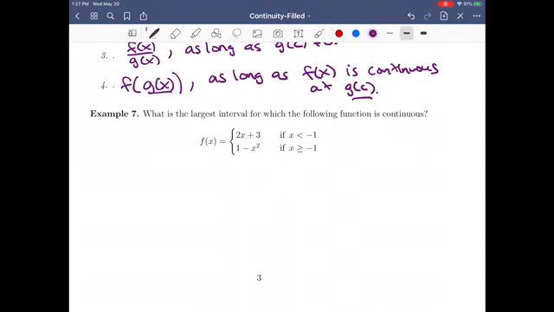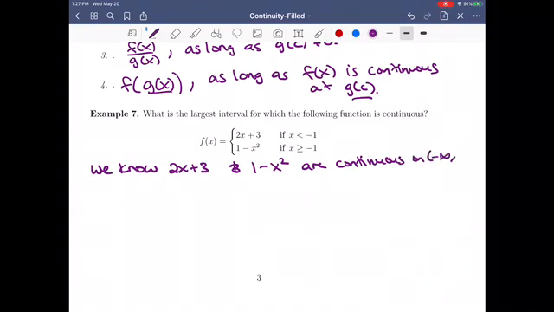Now first of all, we know that 2x plus 3 and 1 minus x squared are continuous everywhere, so -infinity to infinity, since they're polynomials. They're one of the ones that we just talked about.